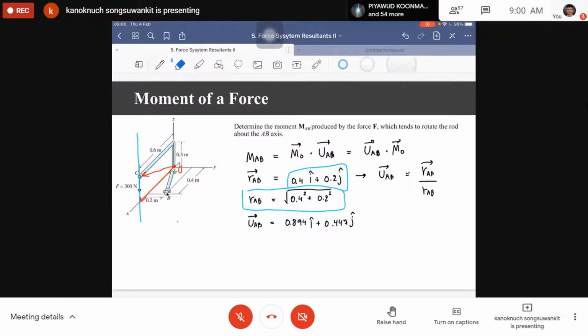Or in case you choose point B as the rotation point, you also have RBC or RBX, right?